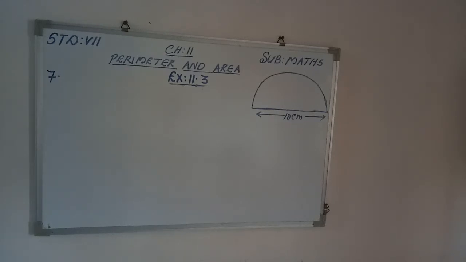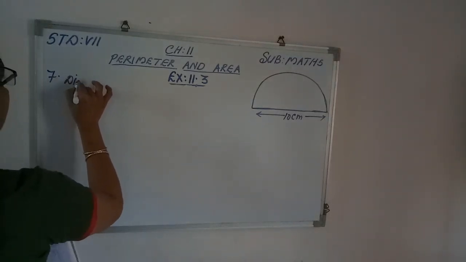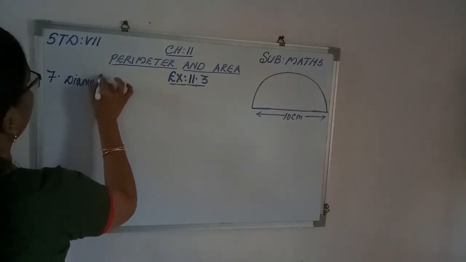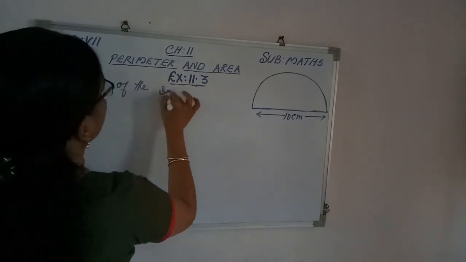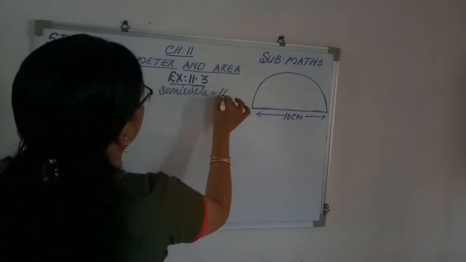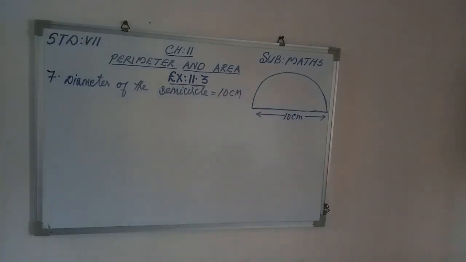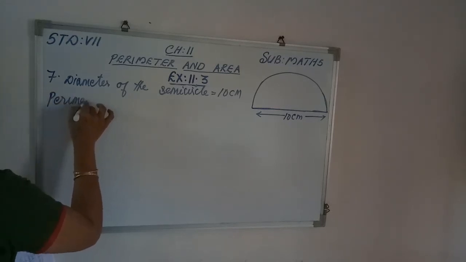So first we can write, diameter of the semicircle is equal to 10 centimeter. Okay. Now, perimeter of the figure. How can you find out the perimeter of the figure?